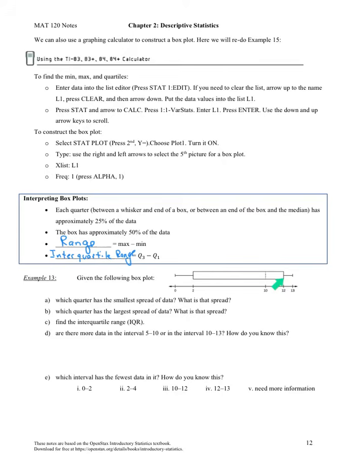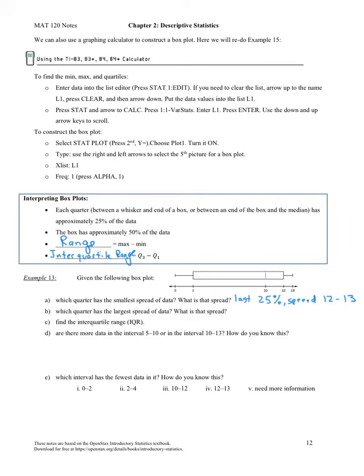The spread is from 12 to 13. 25% of our data falls within 12 to 13. So the quarter that has the smallest spread of our data is the last 25%, whereas the spread is from 12 to 13.